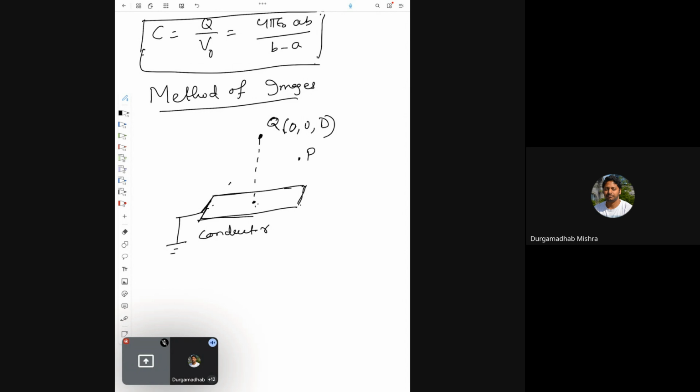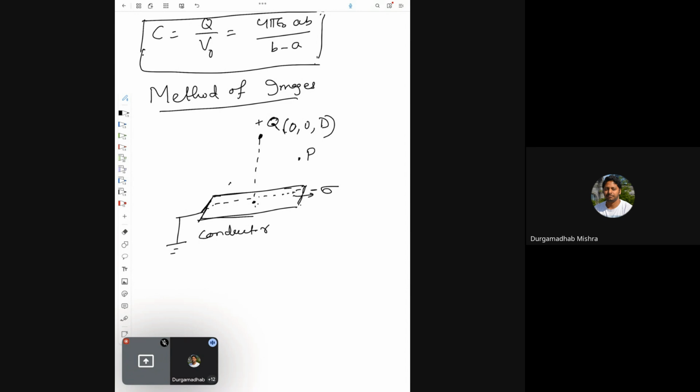Why? Because I have a charge plus q here, and if I put a conductor here, then I will have induced charges on the surface, which have a charge density minus sigma. That means the total charge of the configuration is different, so the potential will be different.